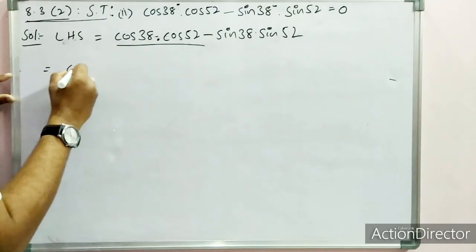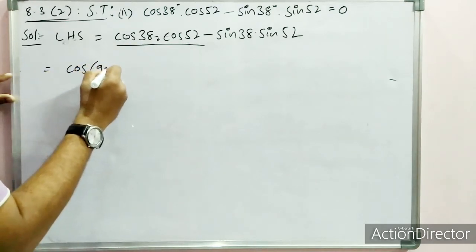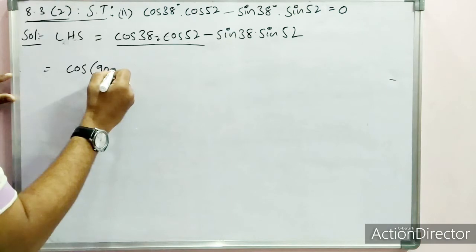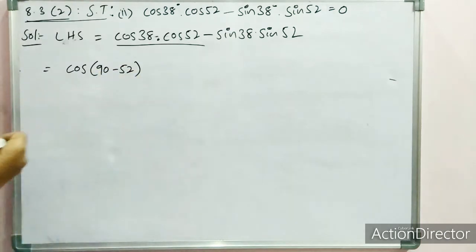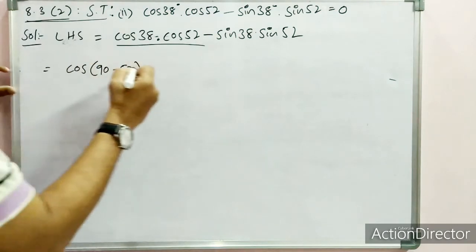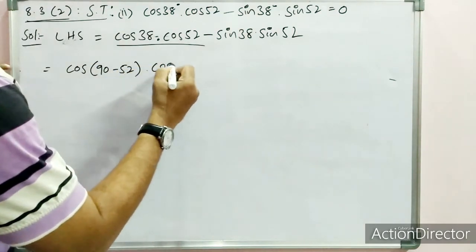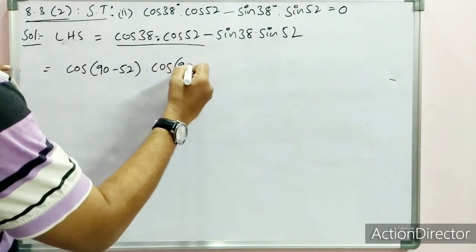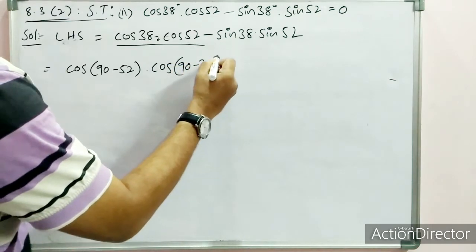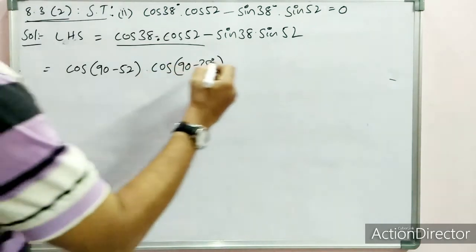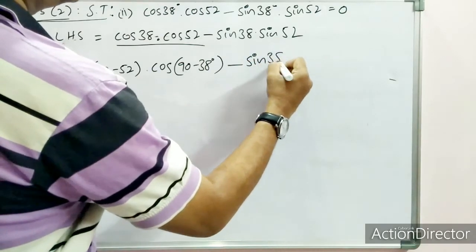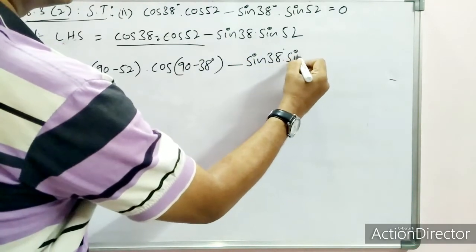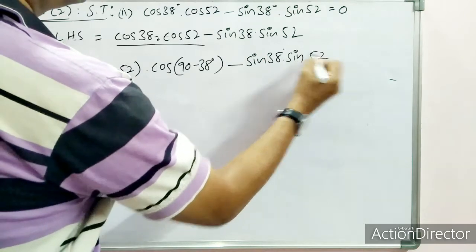Cos 38 I can write as cos 90 minus 52. You see 90 minus 52 will become 38. And cos 52 I can write as cos 90 minus 38. Now the second part you write as it is, that is sin 38 into sin 52.